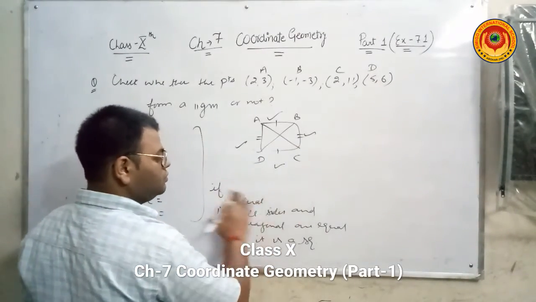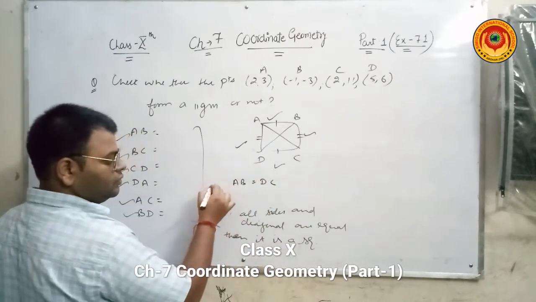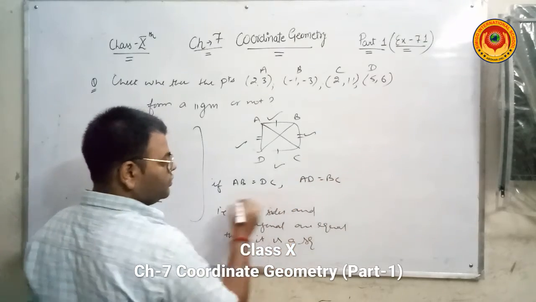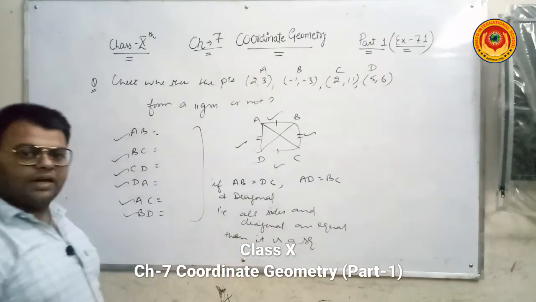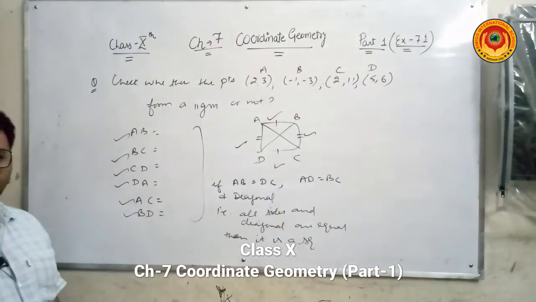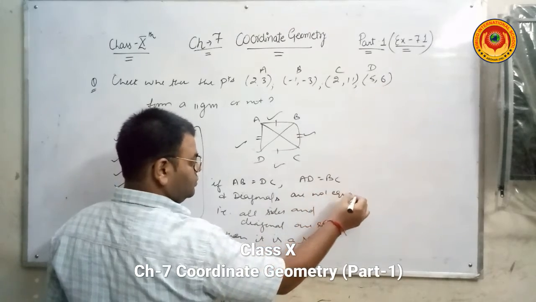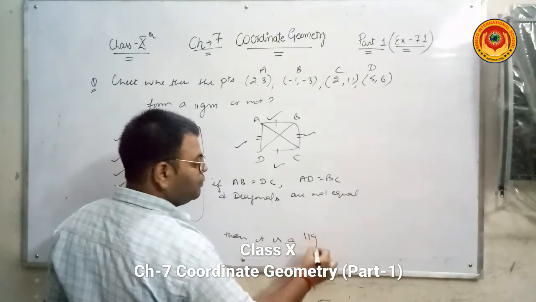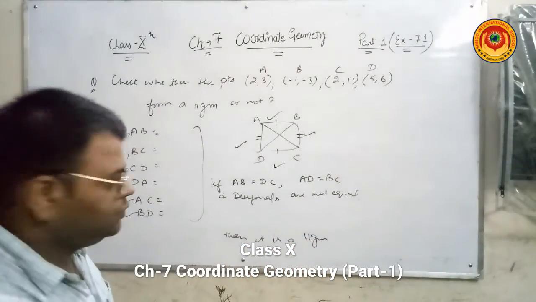If AB equals DC and AD equals BC, and the diagonals, which are not equal in a parallelogram, are not equal, then it is a parallelogram. Is it clear?